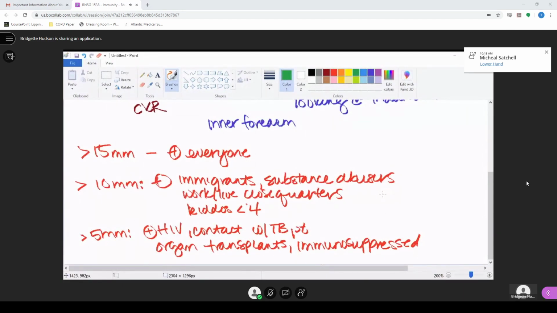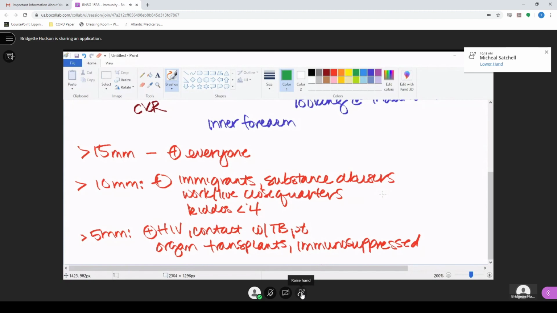Whatever condition makes their body immunosuppressed would count under that 5 millimeters and above. So between 5 and 10, and then between 10 and up to 15, that would be considered for those people and the immigrants and substance abusers, and everybody else.